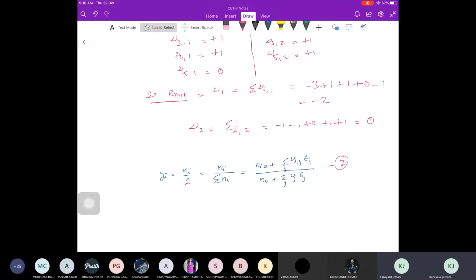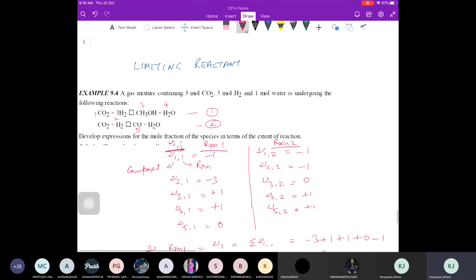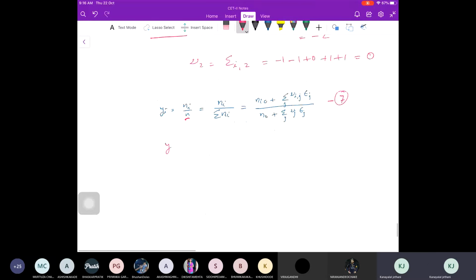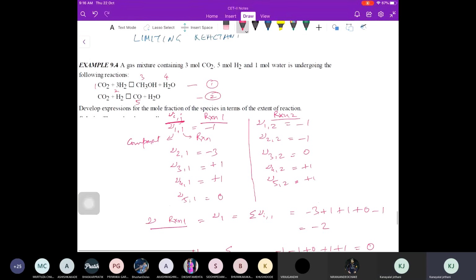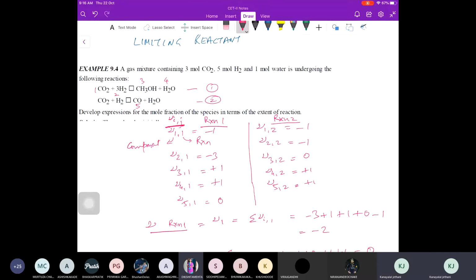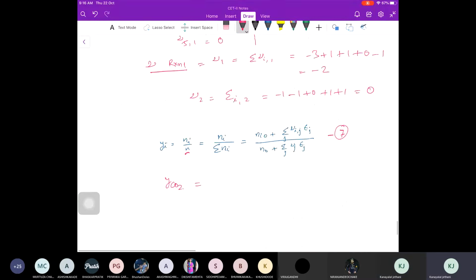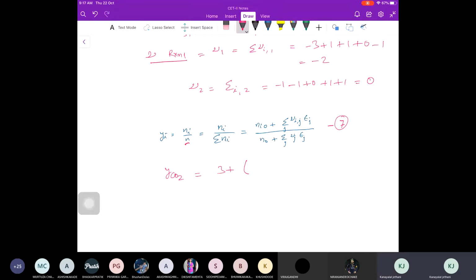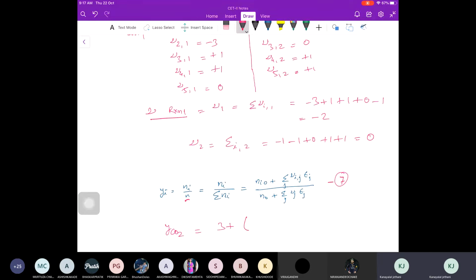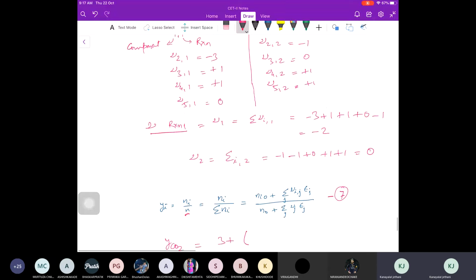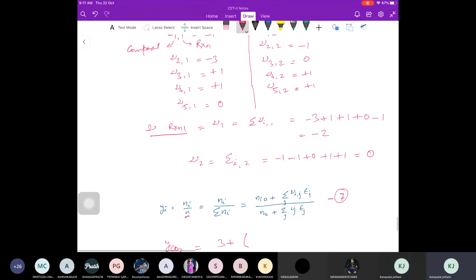Suppose I want to write y of the first component. What was it? CO2. If I want to write y of CO2, how much was the initial moles of CO2? Three. CO2 is 3, right? 3 plus summation of nu ij, that means component 1 in both reactions, right?